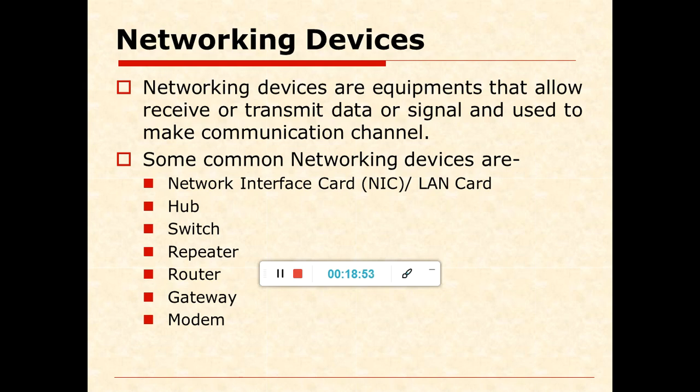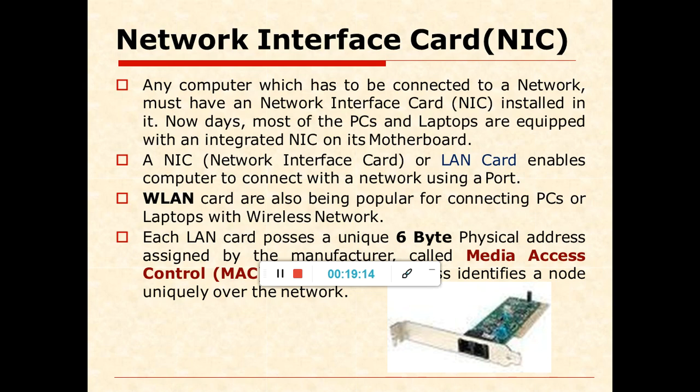Receiving or transmitting data and making a communication channel. What are the networking devices? Network interface card or LAN card, hub, switch, repeater, router, gateway, modem. These topics we will discuss in the upcoming slides.